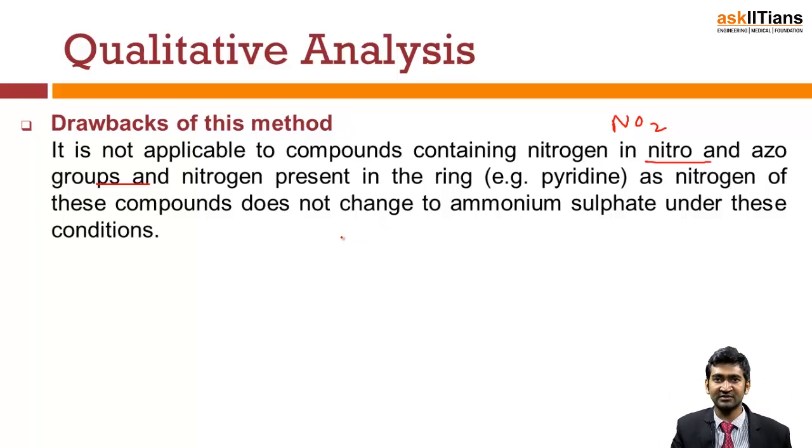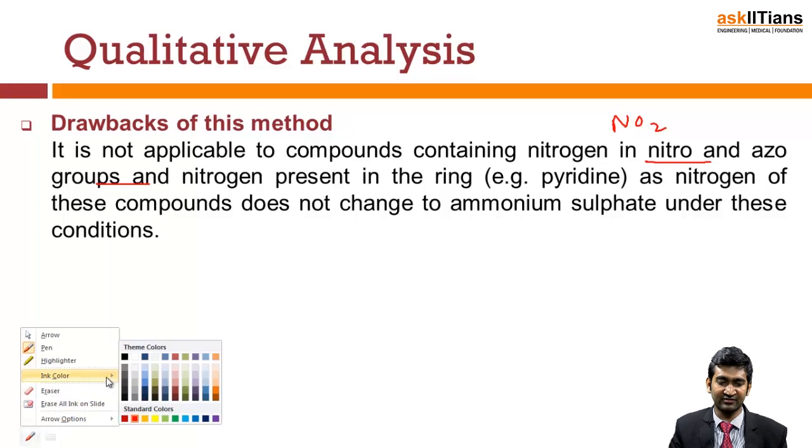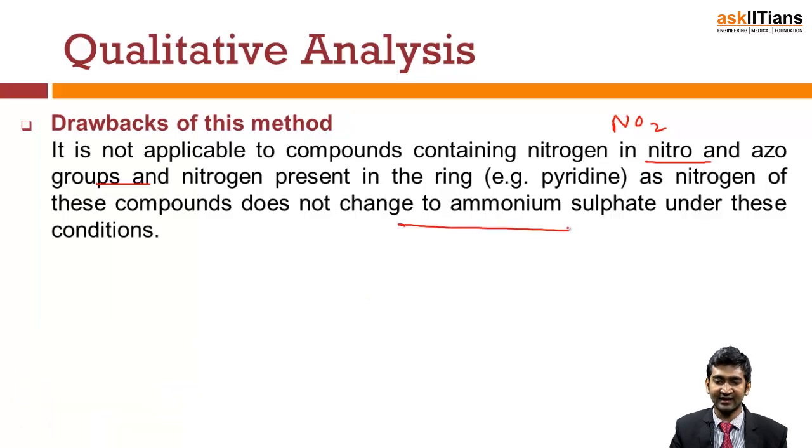Also, if nitrogen is present in a ring like in pyridine, it is not valid, because the nitrogen of that will never change into ammonium sulfate. That's why this is the drawback: I can detect only those nitrogen compounds which have their nitrogen getting changed into ammonium sulfate.